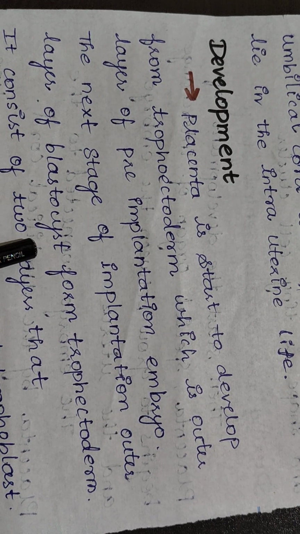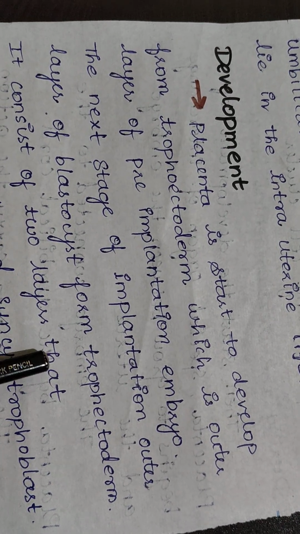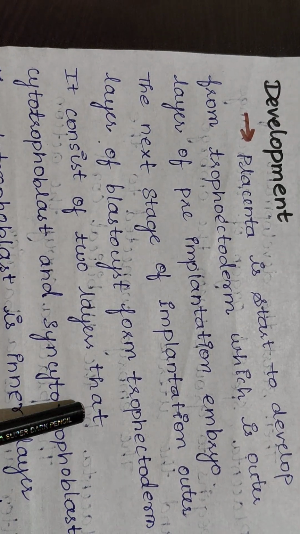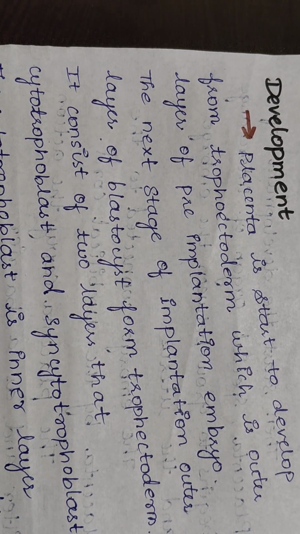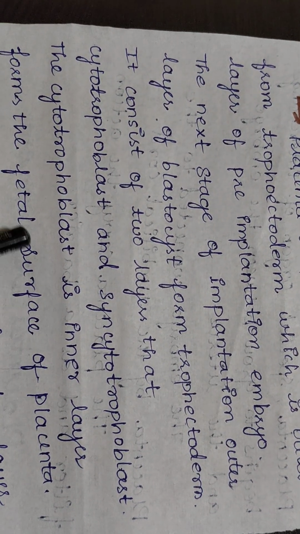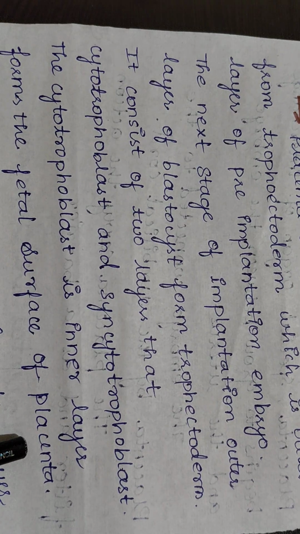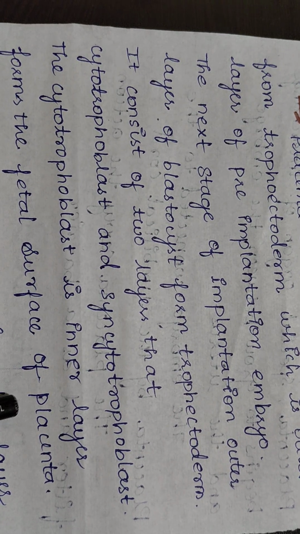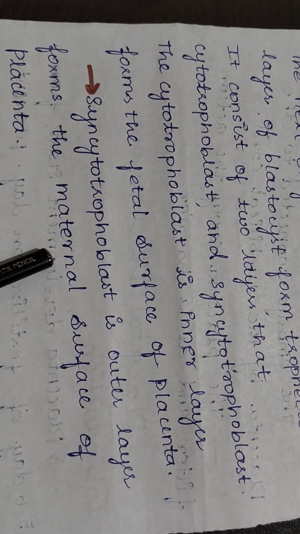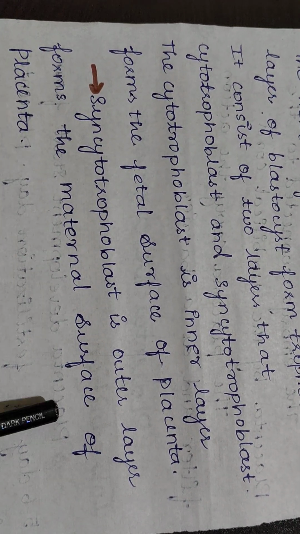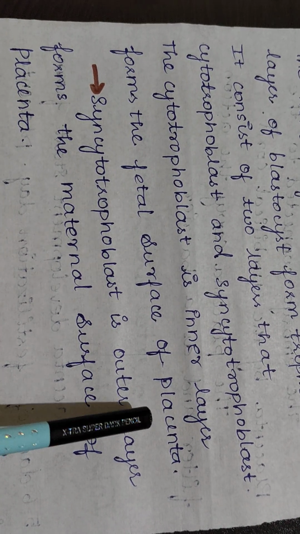In that blastocyst, the part that develops into the placenta is the trophoblast, and it consists of two layers, the cytotrophoblast and the syncytiotrophoblast. The cytotrophoblast is the inner layer, and it forms the fetal surface of the placenta.